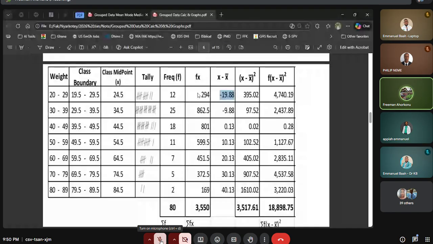What is the corresponding f? F is 12. So we are using this 12 to multiply by 395 point. Then we put the answer on the right-hand side. We use 25 to multiply this, we put the answer here. We use 18 to multiply this, we put the answer there. So let's do that quickly and see.